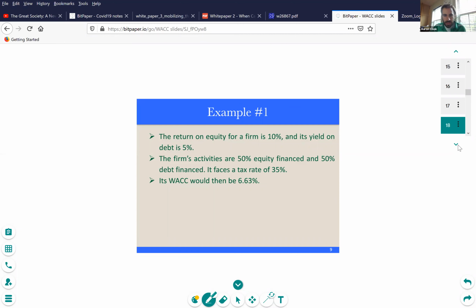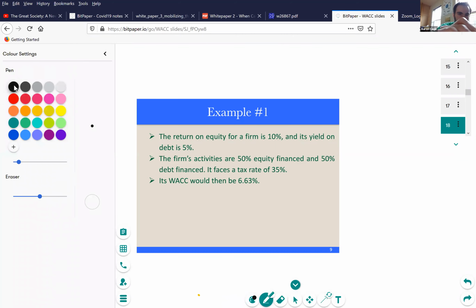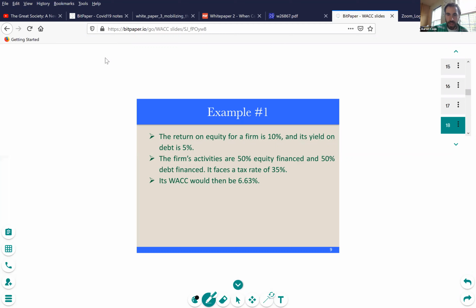So I'm just going to go through a couple examples here of how to calculate WACC, just to apply exactly what we've been doing. We're going to look at an example of a firm where the return on equity is 10%. So that's the RS that we were talking about. RS would be 10% or 0.1. The yield on the debt is 5%.